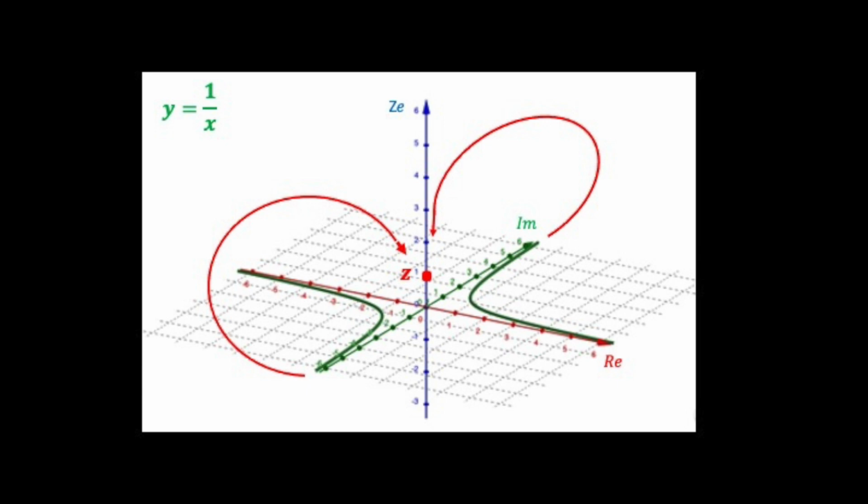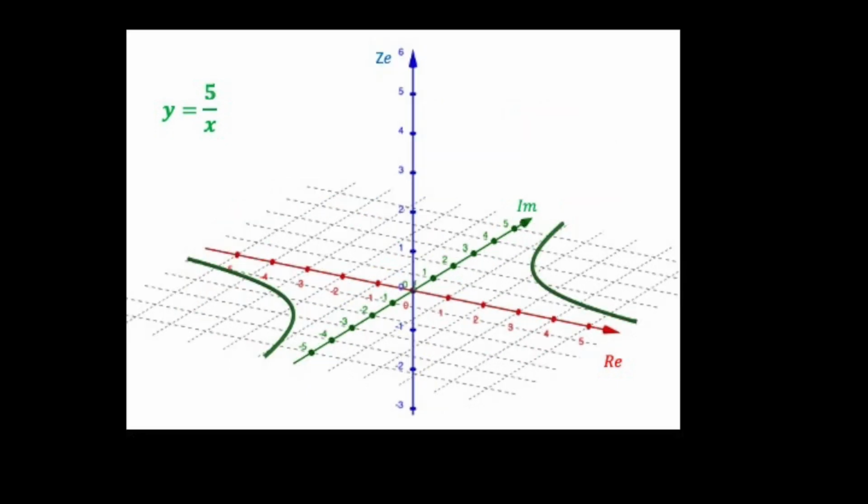This becomes evident when we plot the function 5 over x, for instance. For x equal to 0, the function value in this case is equal to 5z. The function falls back higher into the zero axis, into 5z.